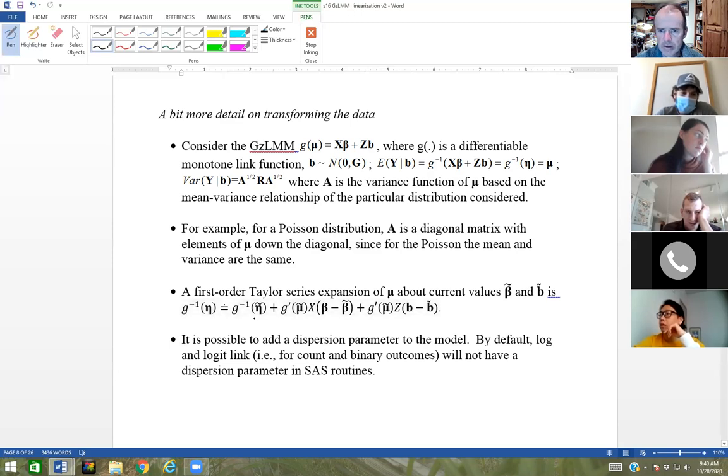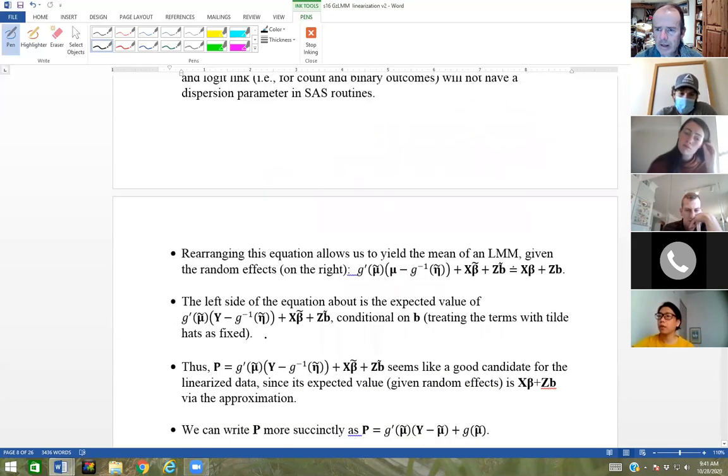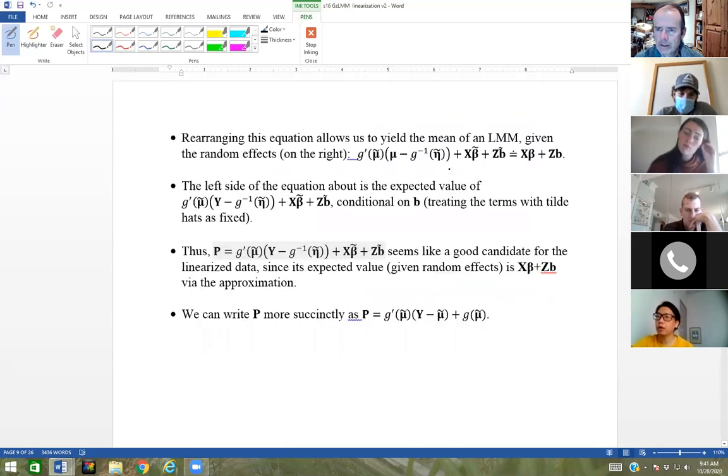And we see a quantity that involves our estimates, our parameters in our model, and our mean. So we can rewrite that. If we rewrite that Taylor series expansion, on the right side we have the mean of a linear mixed model conditioning on the random effects.